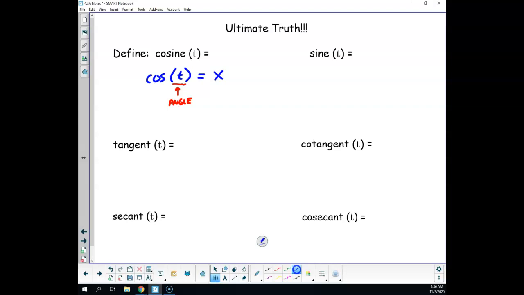The sine of t is going to be the y value of our angle, or of the point on the circle.